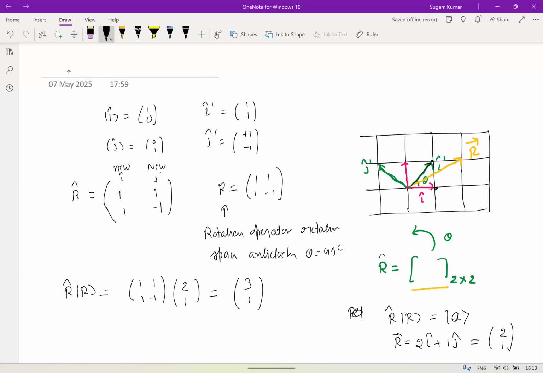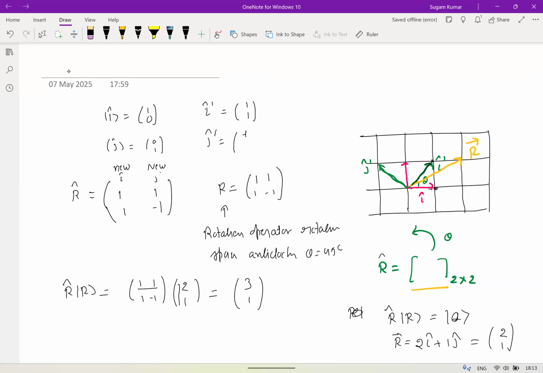Did I make some mistake? One entry is 3, that is right, and the other entry is also 1. No problem, I can see there is a problem in writing the matrix.